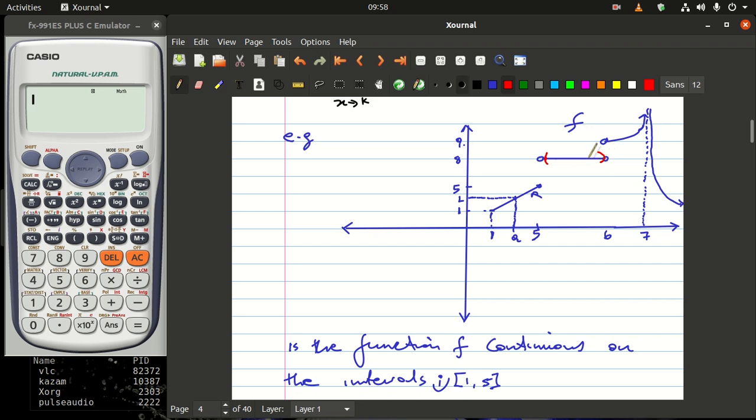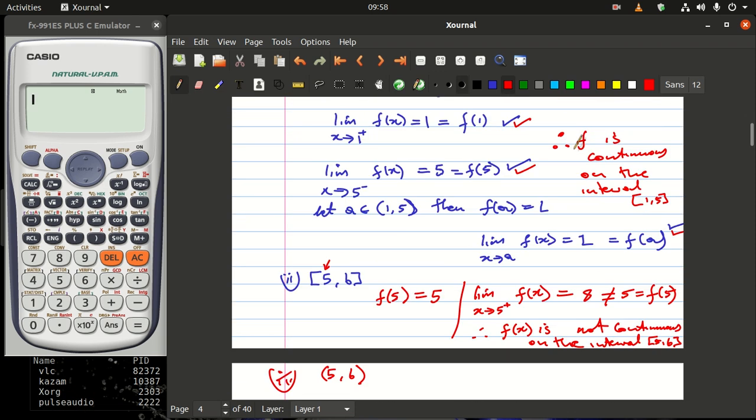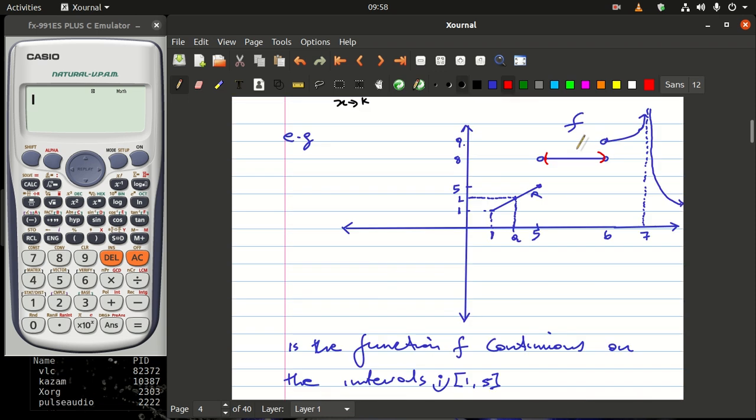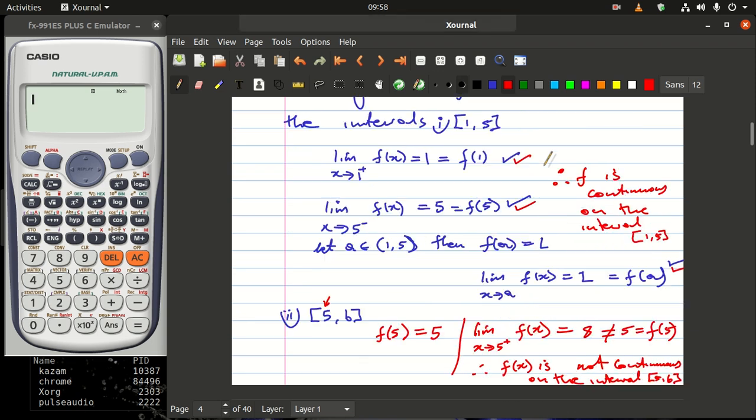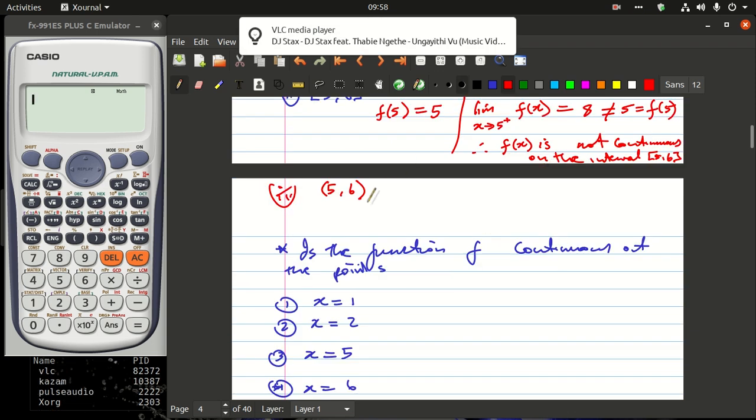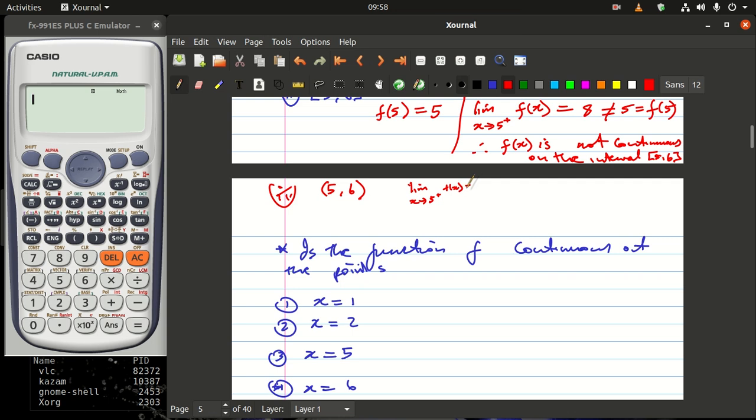So the function here is just continuous, but you can check by first finding the limit. When we're using the open brackets, you just find the limit as x approaches 5 from the right of f of x, and you will find that the limit is 8.